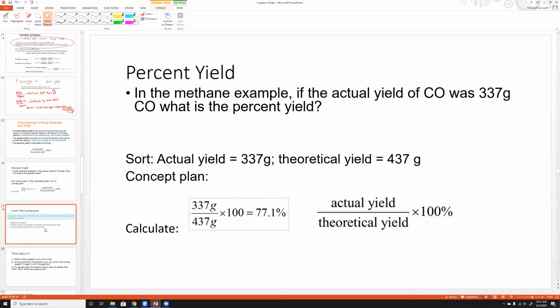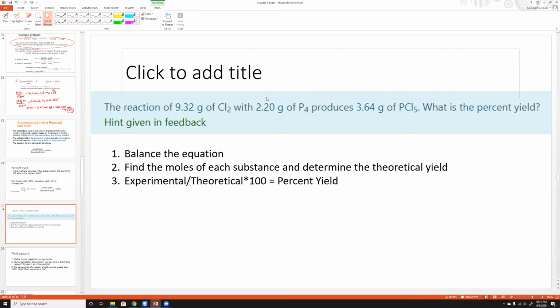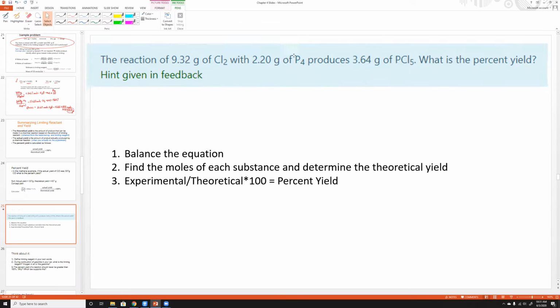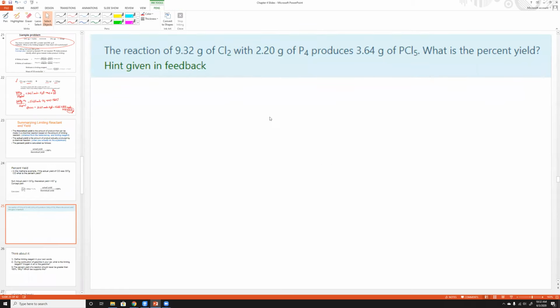So let's do this problem. This is from the homework, so you better thank me. I'm going to move it to the top up here. Okay, so we have a big reaction here, and we can write everything out. Hopefully this will encompass everything, and I'll do it right.